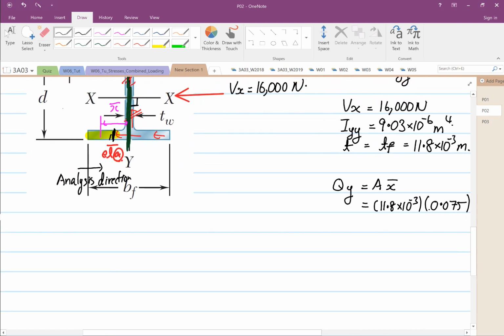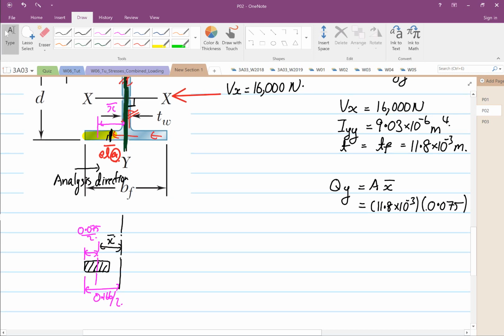Okay. So why is that? If this is the neutral axis and this is the section of concern, we know in the shaded region, this distance is equal to 0.075 divided by 2, right? And then the distance from here to here is equal to 0.166 divided by 2. So what we have just identified is this is our X bar, which is what we did over here.